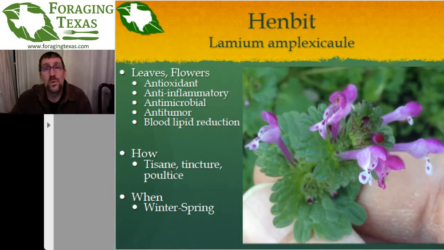Now, one of the cool things, there's been a lot of work done recently on its anti-tumor properties. They found that after surgically removing a tumor, taking henbit, especially in the form of a simple tea, reduces the reappearance of tumors. So that's something good to know.